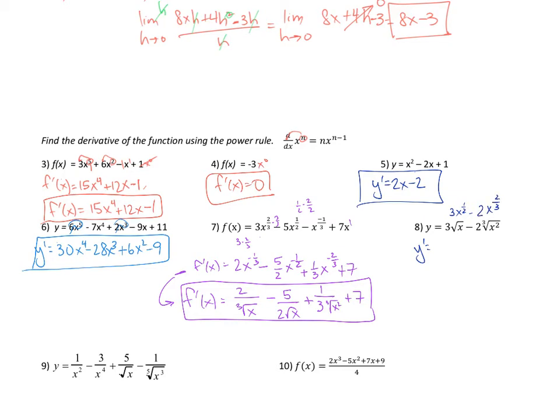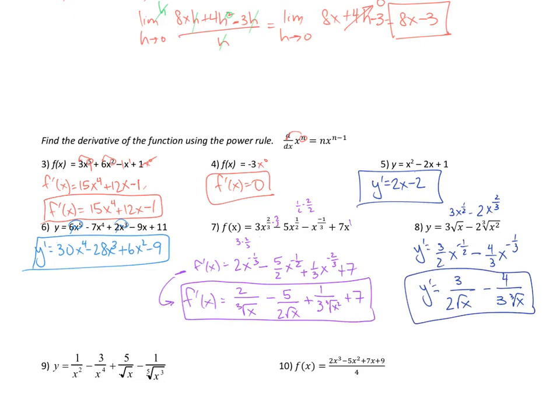So when I multiply these out, I'm going to get 3/2 x to the negative 1/2 minus 4/3 x to the negative 1/3 when I subtract 3 over 3. Cleaning this up, I will end up with y prime as being 3 over 2, and this will be square root x, minus 4 over 3, and this will be the cube root of x.